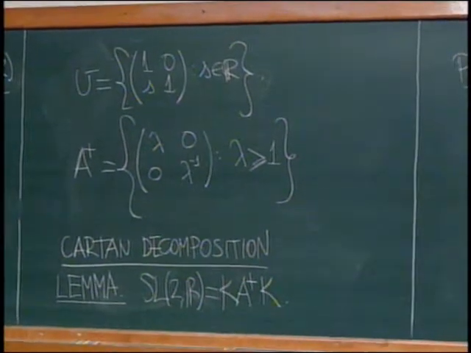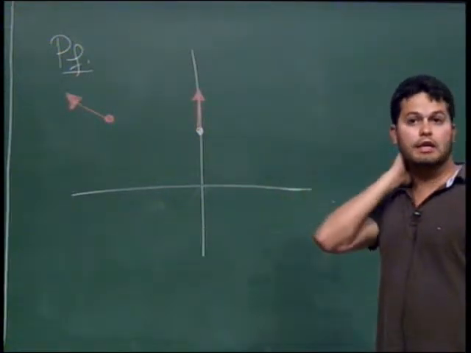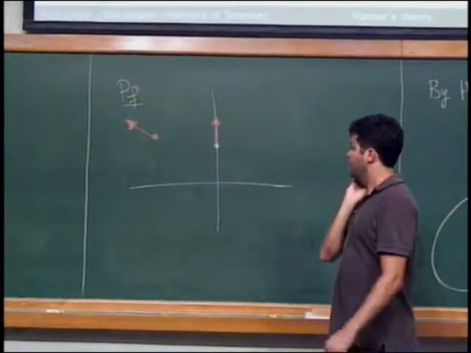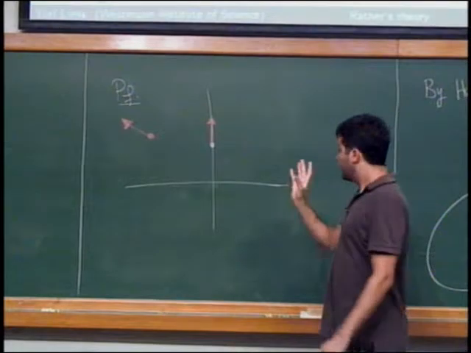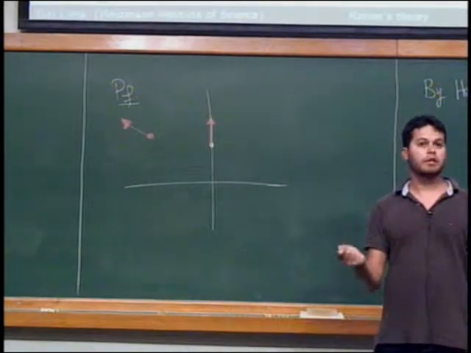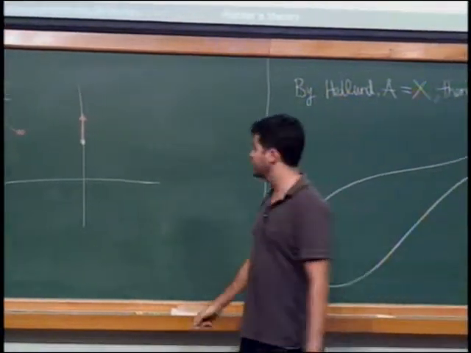So if you remember, I said something very special about K in the first lecture, that K is the stabilizer of the identity. And because it is an isometry, it preserves the circles around the identity, right? You fix the identity, then you should preserve the circle around the identity.